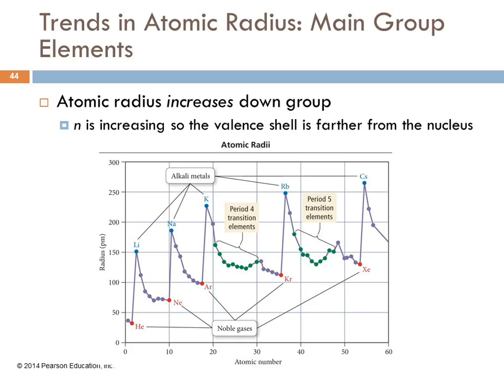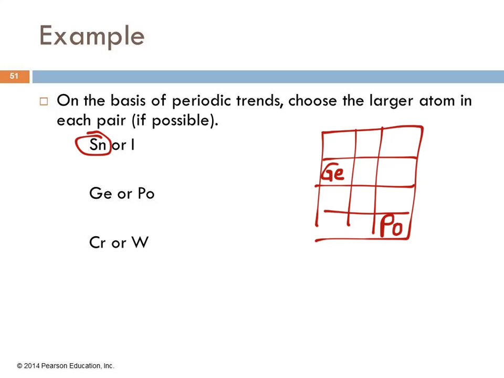So if you were forced, I would choose the vertical direction on that guy. If I was forced to make a choice, like you sometimes are on a multiple choice or a Mastering Chemistry, I would say that polonium is larger. But if I wasn't forced, I would say can't tell.